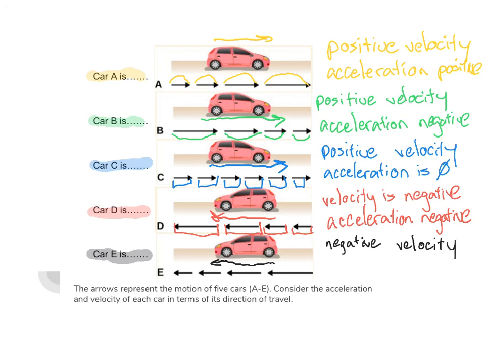Its velocity is going to the left, and our velocity arrows down here are getting smaller. So that tells us that our acceleration is positive. It is opposite the direction of the velocity.